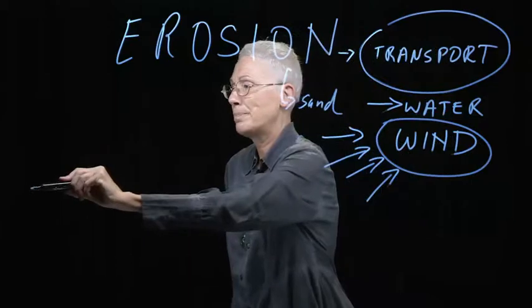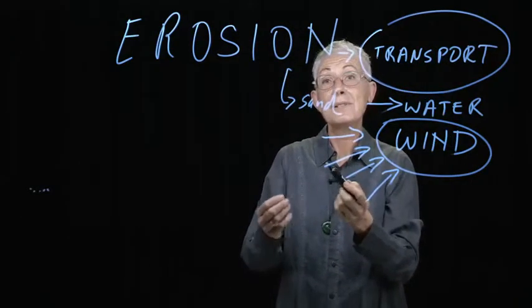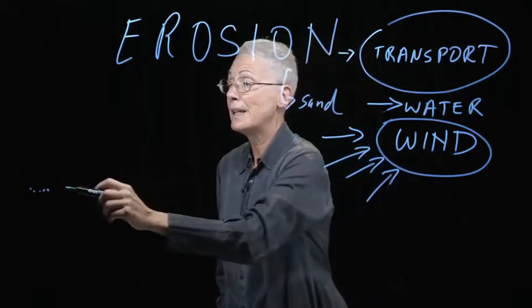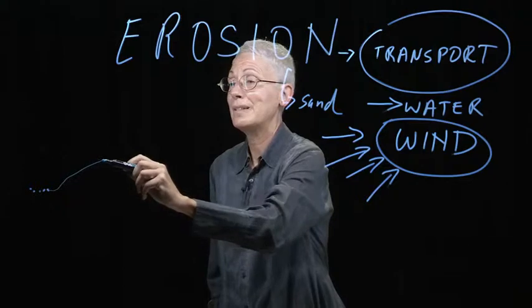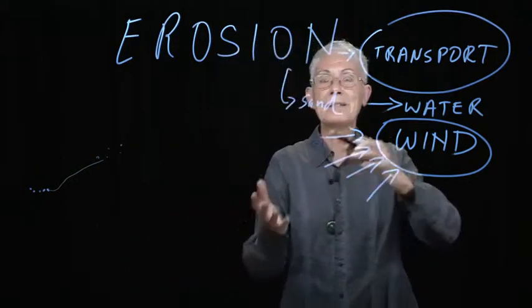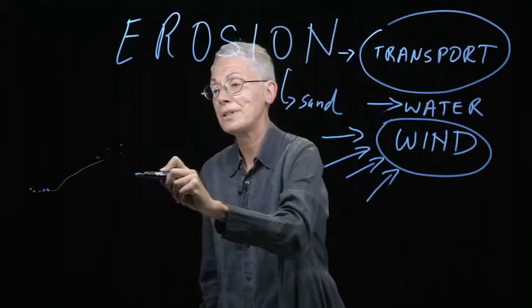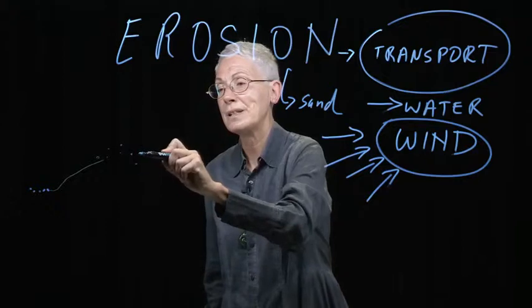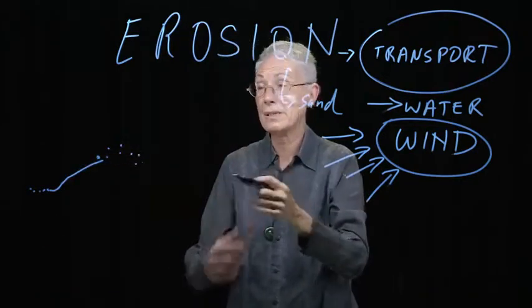Wind picks up small particles, less than 2 millimeters in diameter, and carries the particle through the air, and then finds an obstacle and starts depositing this, because the velocity decelerates if you find an obstacle.